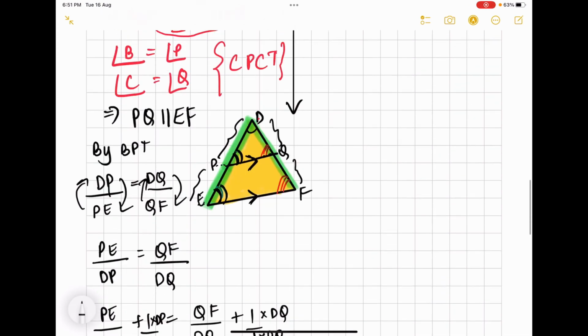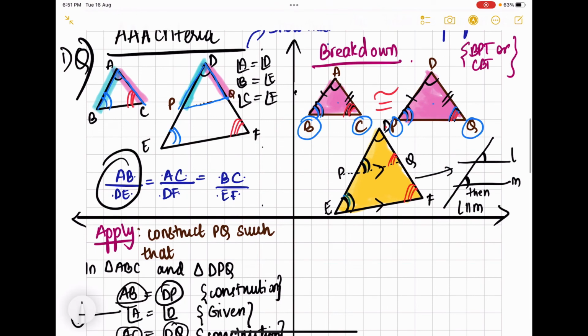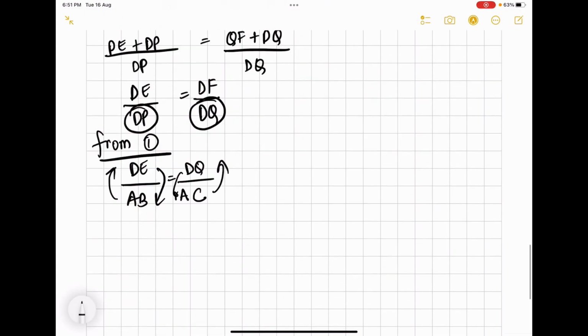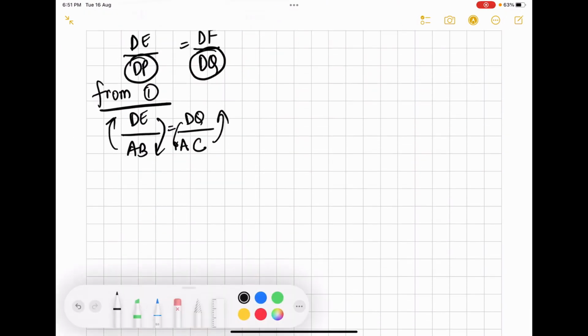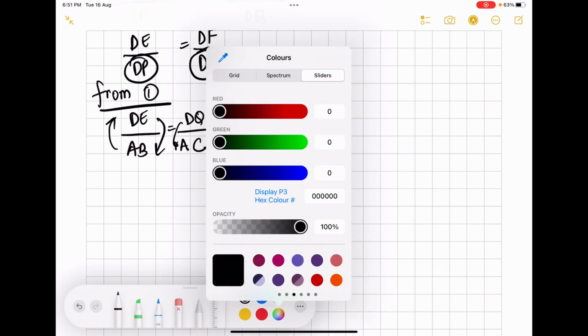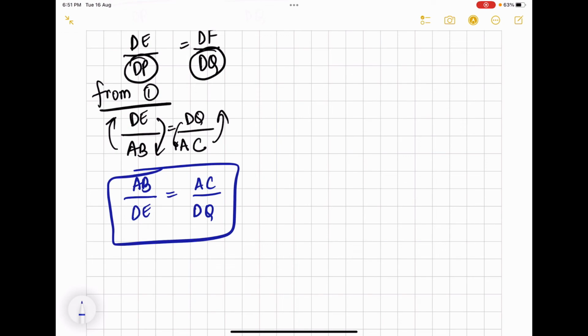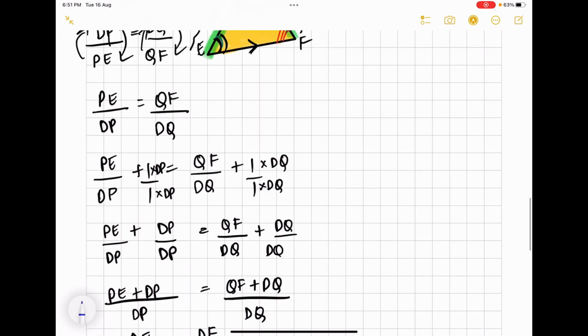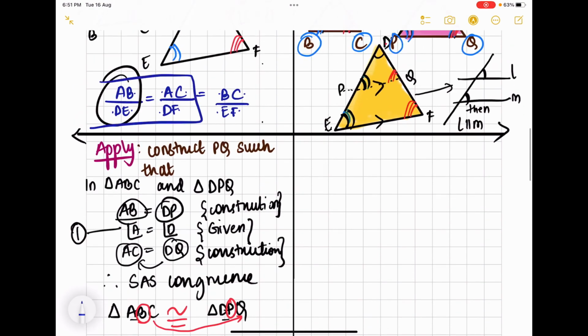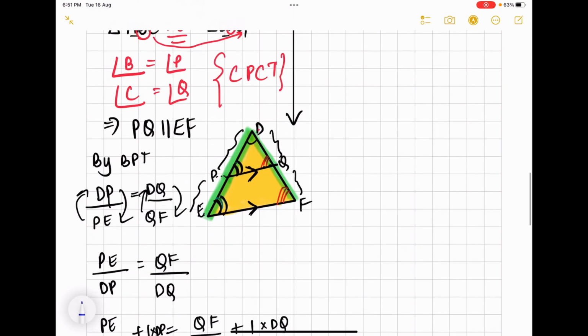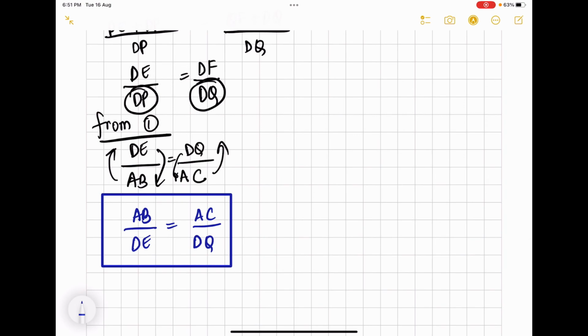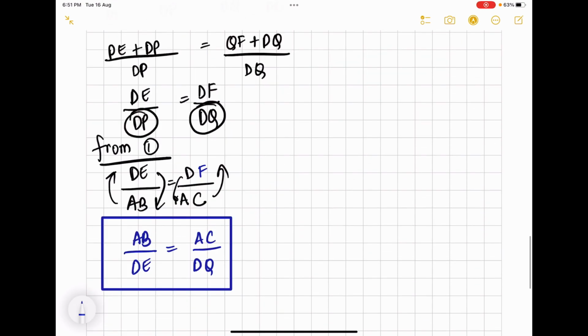Because what I require is AB divided by DE. But what I have here is DE divided by AB. So I can very well invert this and write, I can turn it around, AB divided by DE. And here I can write AC divided by DQ. Okay. And I got one part of the proof. I got this part. AB by DE, AC by DF.